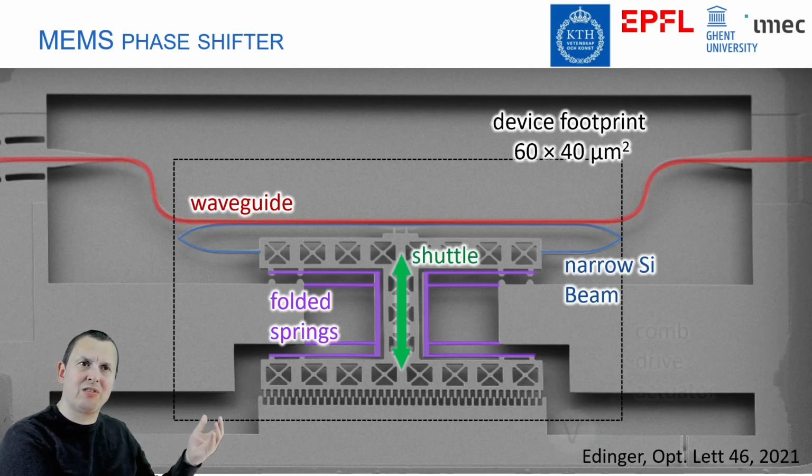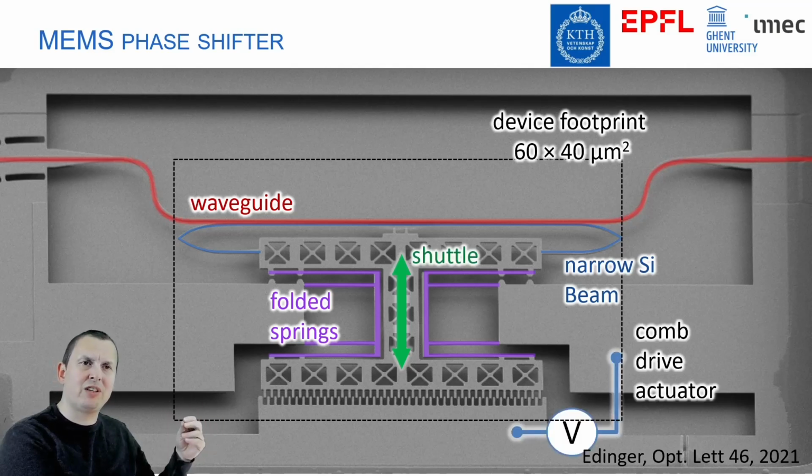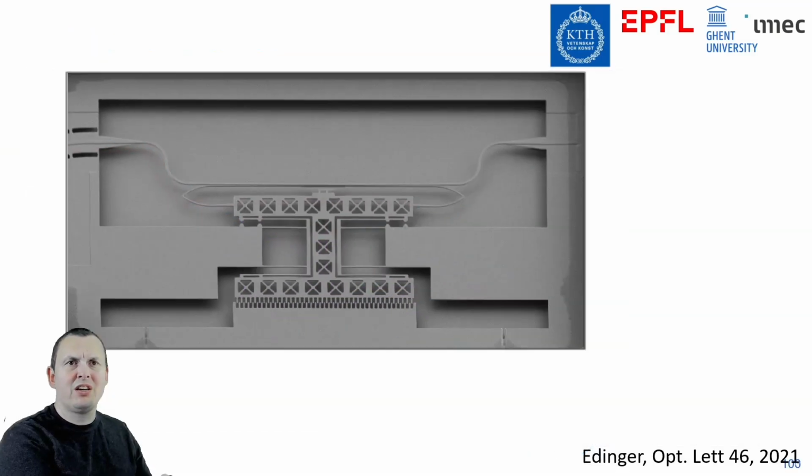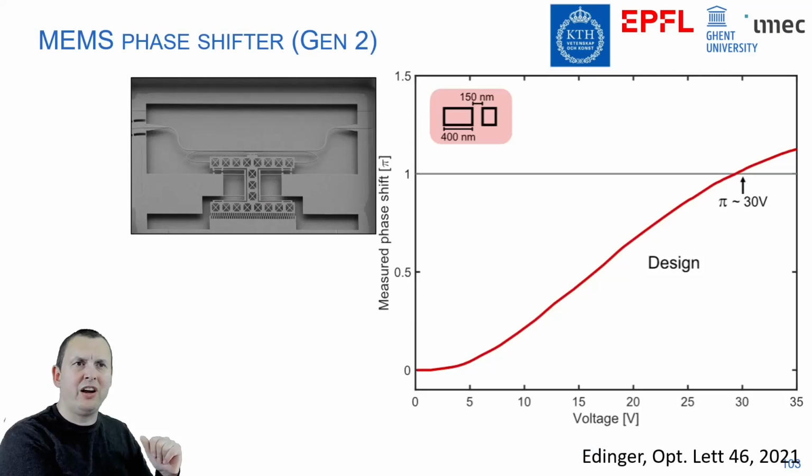Now this is very interesting because this is electrostatically actuated. A DC voltage applied on this comb drive will actually pull this shuttle away, and it does not require any current and therefore does not require any power to maintain its state. And if you run the mechanical, optical, electrical simulations on this device, then you end up with a design that gives you a pi phase shift for roughly 30 volts of actuation.